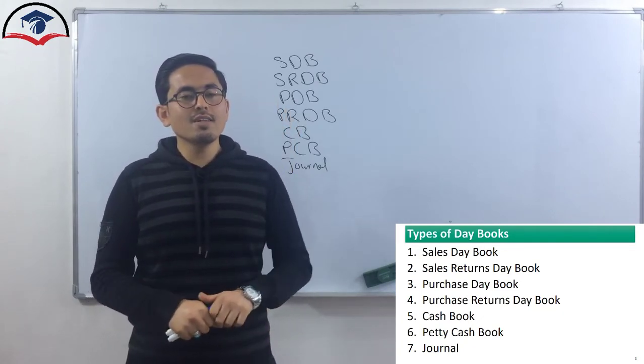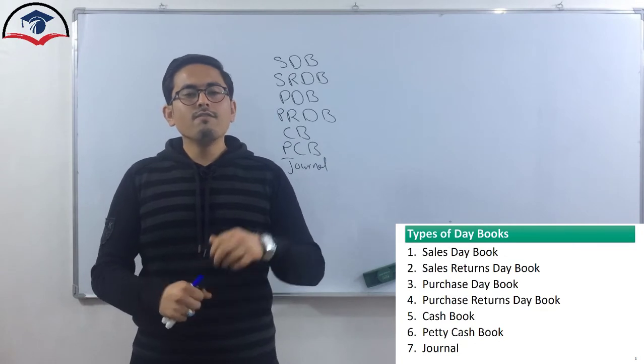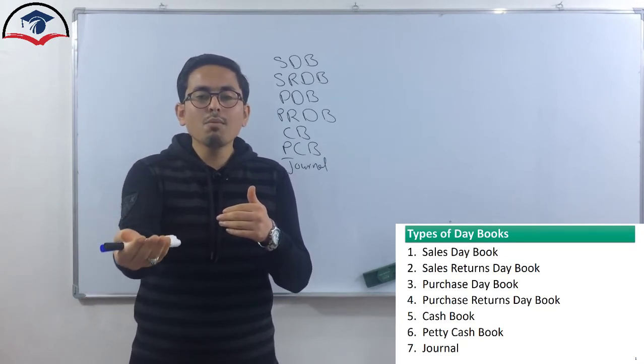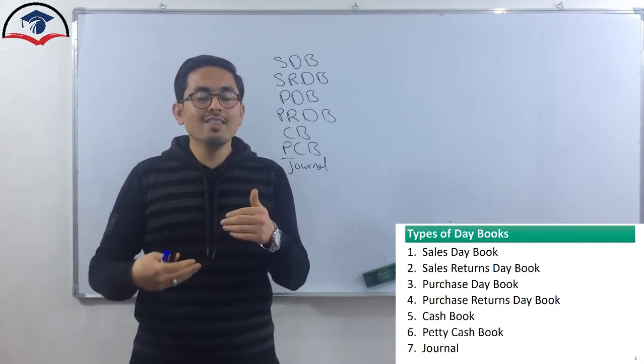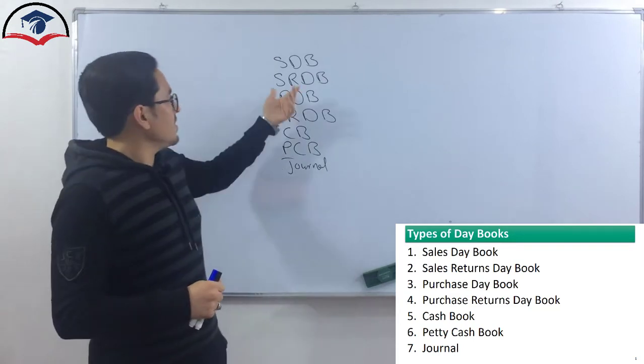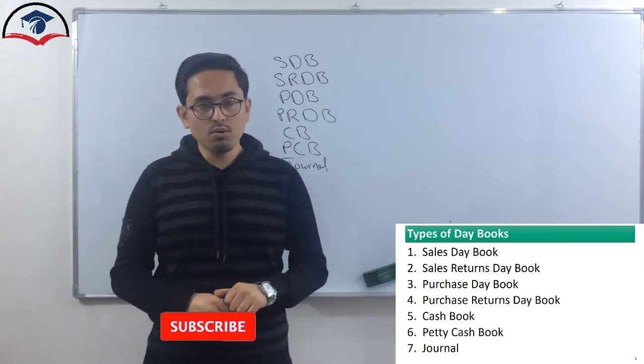The second book is the sales returns day book. When you have made some sales on credit, some of them may be returned, and that is called sales returns, and we record that in the sales returns day book.